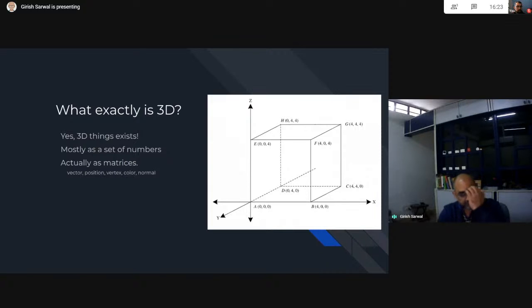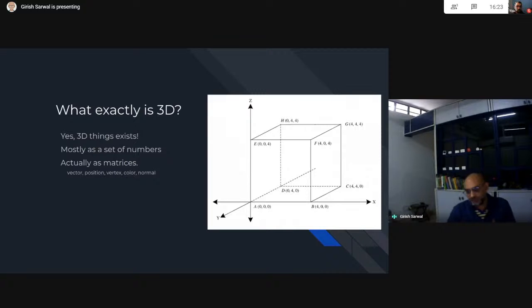But essentially, I talk to a lot of people, and typically I get this question a number of times: does 3D really exist? I mean, everybody tells us that 3D is just 2D on the screen and done in a special way, but do 3D things or 3D structures actually exist inside a computer?